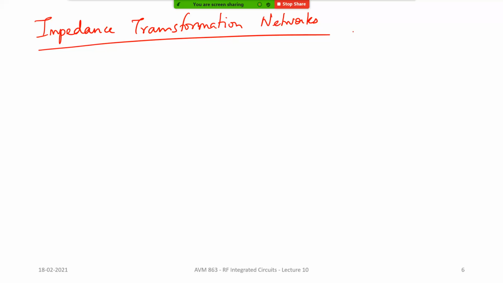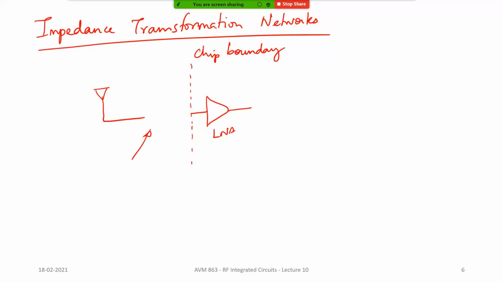So we all know that whenever some part of your circuit is going to interact with your outside world, let's say this is your chip boundary. Let's say your LNA is sitting inside here, and let's say you have an antenna off chip. Now what happens is this routing is long.